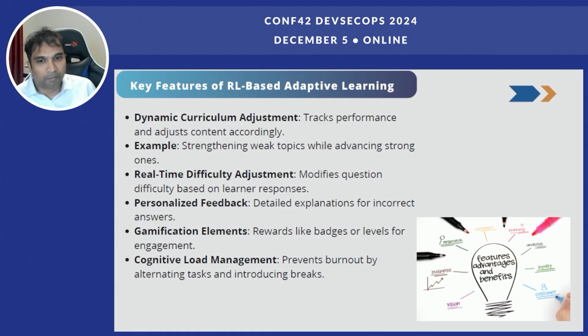By alternating between different types of tasks and strategically introducing breaks, the system ensures that learners remain focused and don't feel overwhelmed. Together, all these features make RL-based adaptive learning systems not just a tool for education, but a transformative experience that aligns with individual needs and goals.